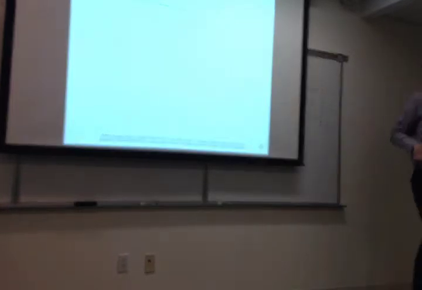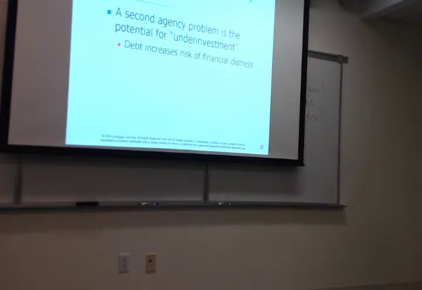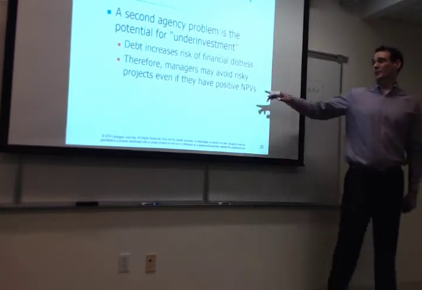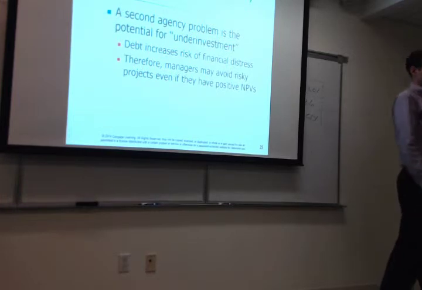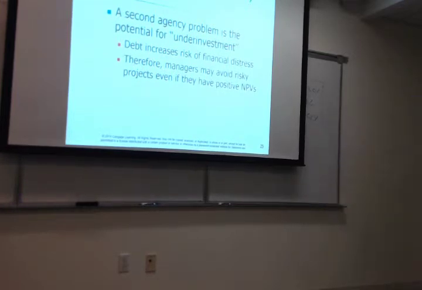Now, there's another side of that. Sometimes there's an underinvestment problem. Debt increases risk of financial distress, so therefore managers might avoid risky projects even if they have a positive NPV. This, as I understand it, is not as common of a problem.